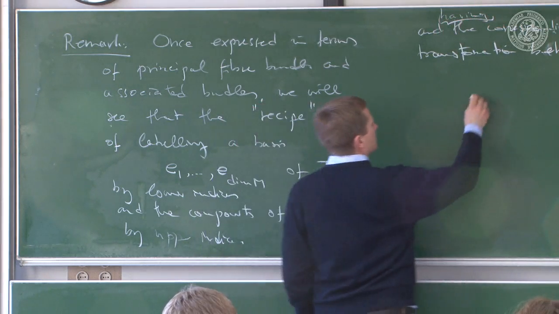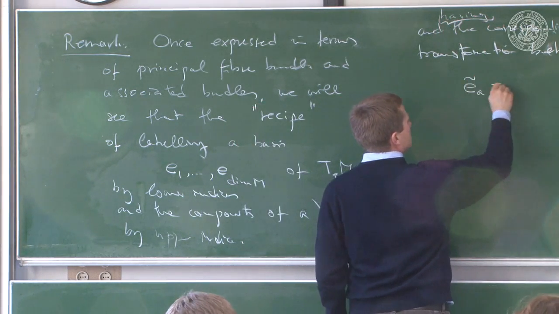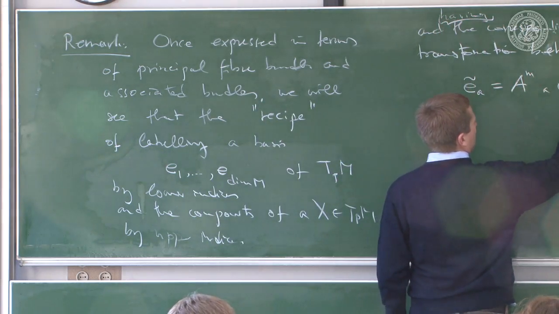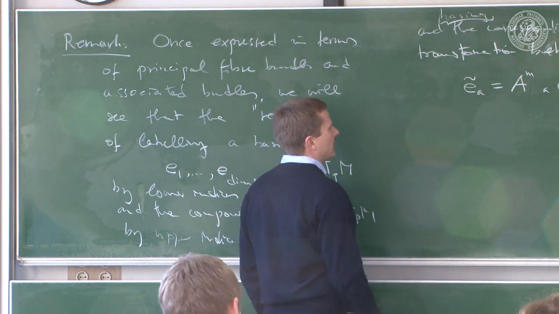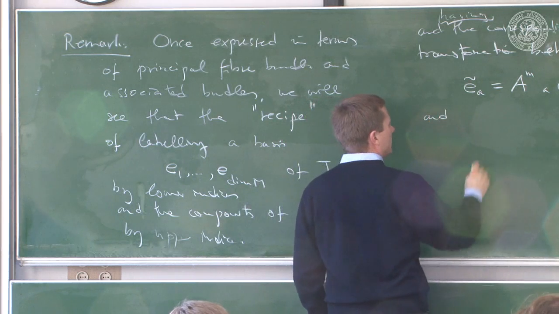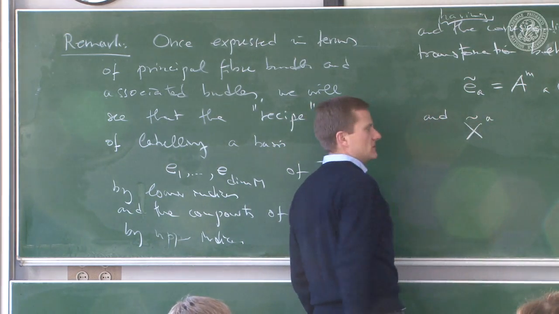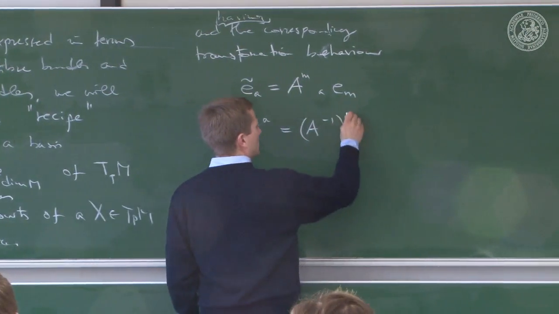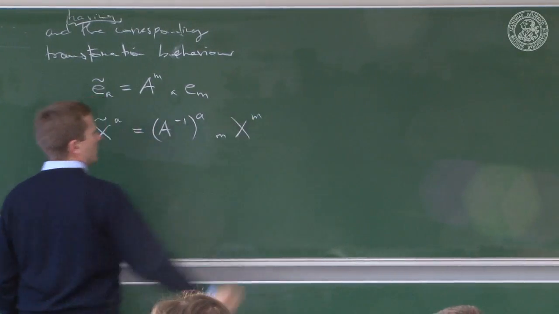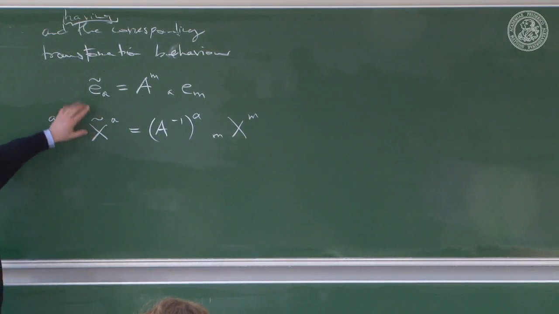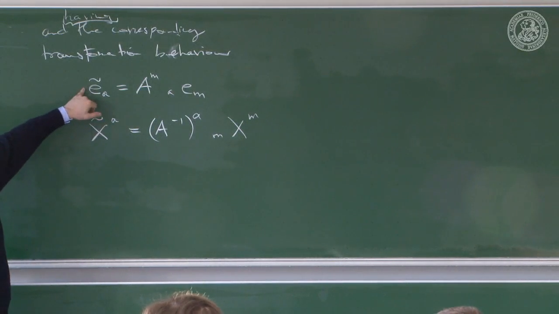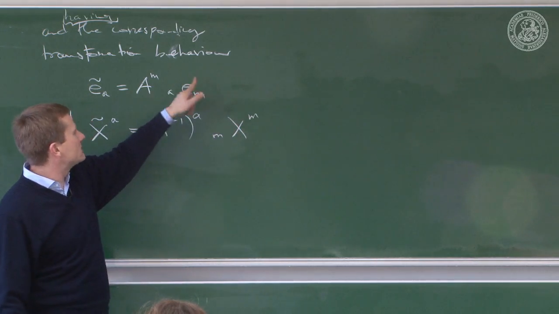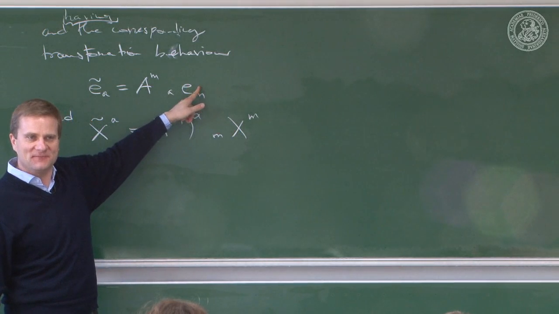that if you define a new basis by some matrix A, E tilde m equals A E m for all the basis vectors, and you correspondingly have that the new components of a vector are given by precisely the inverse of such a transformation, right? Why is this? Well, because then still the linear combination of these E twiddles with the x twiddles is the same as the original components with the original basis, because the vector is the vector. It's just expressed differently.